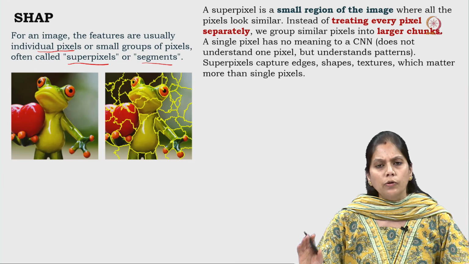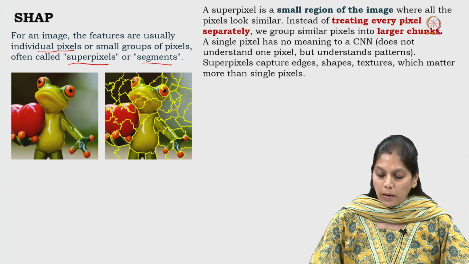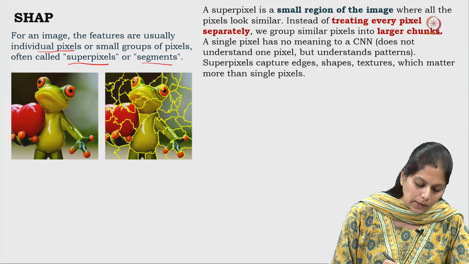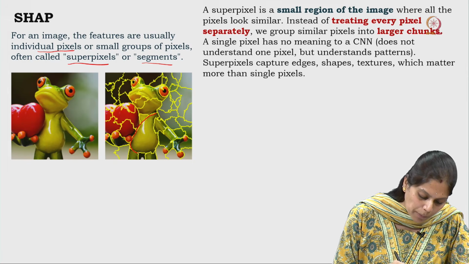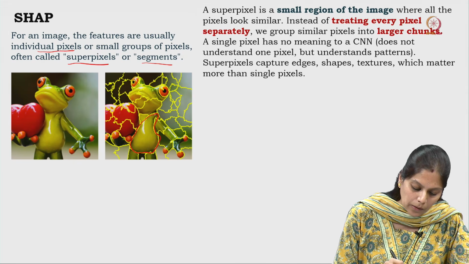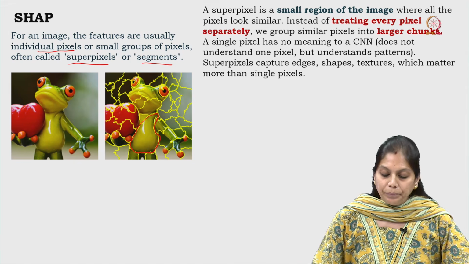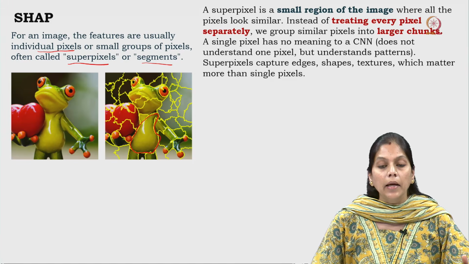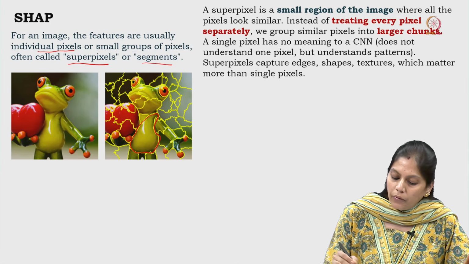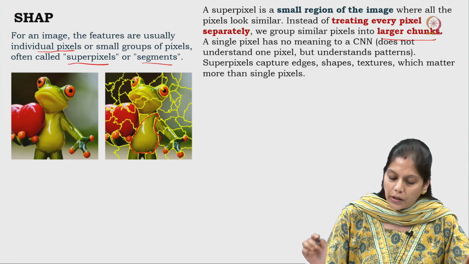A superpixel is a small region of an image where all the pixels look similar. This is one superpixel, where all the pixels within this region look similar. Instead of treating every pixel separately, we group pixels into larger chunks.